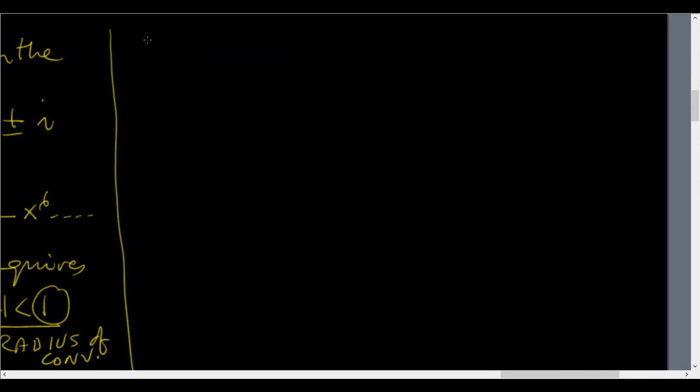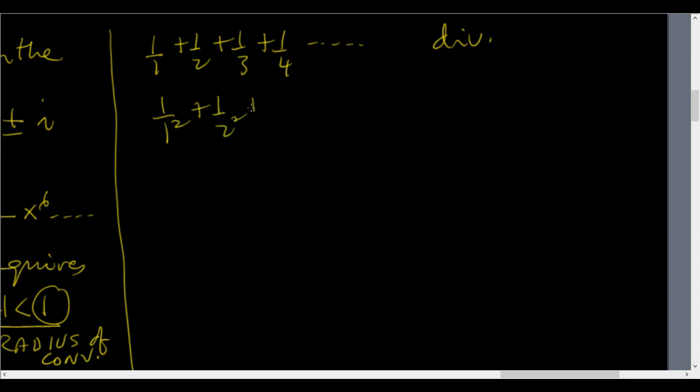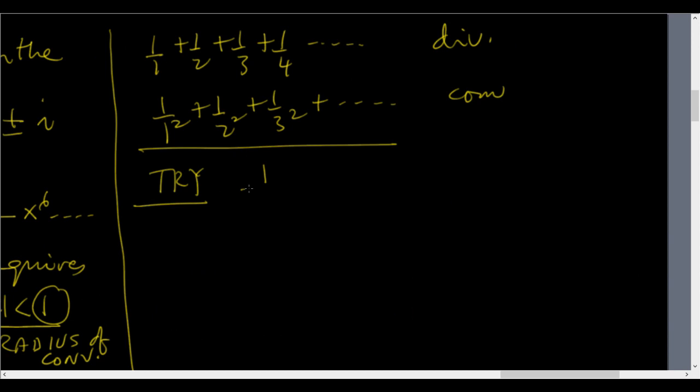So we have done 1 over 1 plus 1 over 2 plus 1 over 3 plus 1 over 4 and so on diverges. We have done 1 over 1 squared plus 1 over 2 squared plus 1 over 3 squared plus, and this one converges. Let us try 1 over 1 to the 1.1 plus 1 over 2 to the 1.1 plus 1 over 3 to the 1.1 and so on. Okay, so let's call this series S1.1.